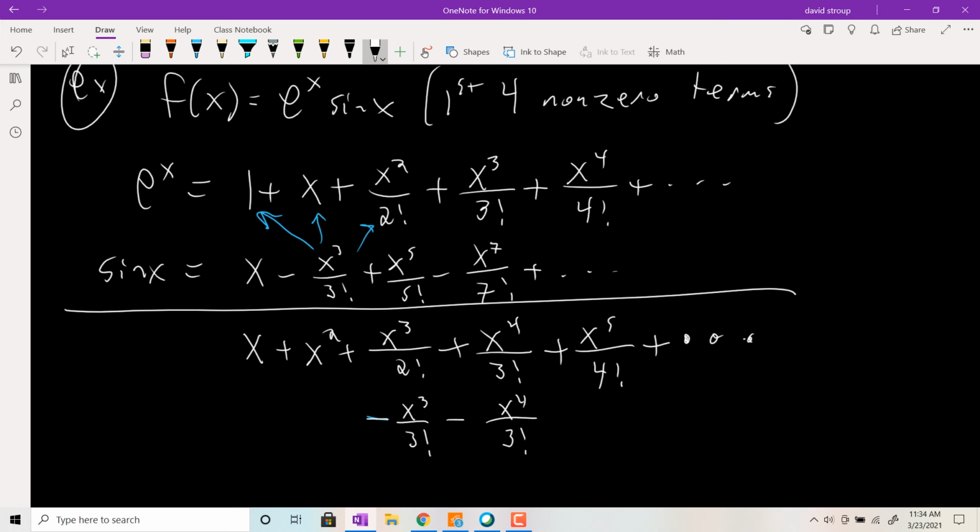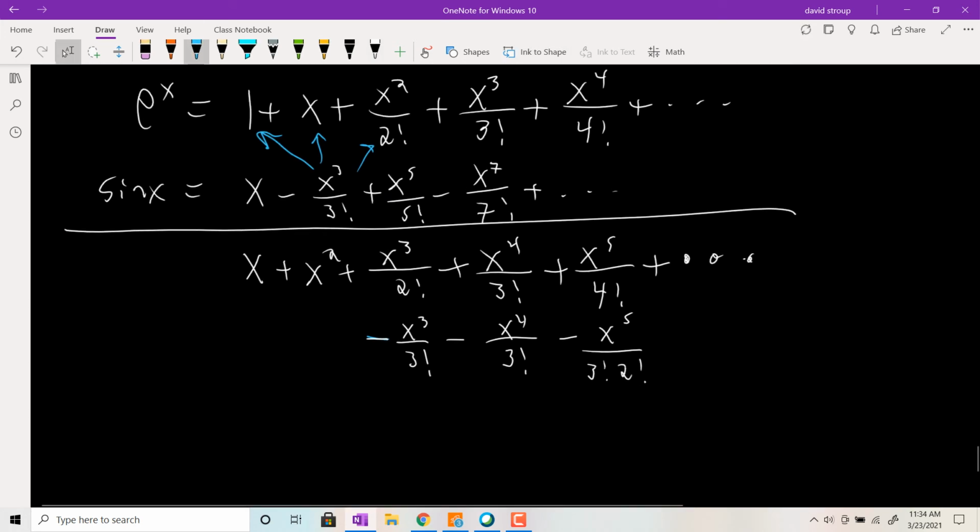So you're going to get a cancellation there. You're going to at least need to go up to the 5th power here. x to the 3 times x squared is x to the 5 all over 3 factorial times 2 factorial. Okay. Let's go on to the next one.